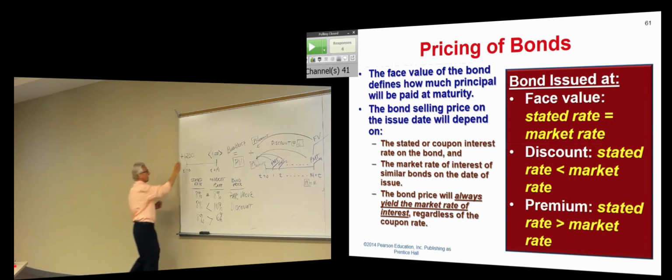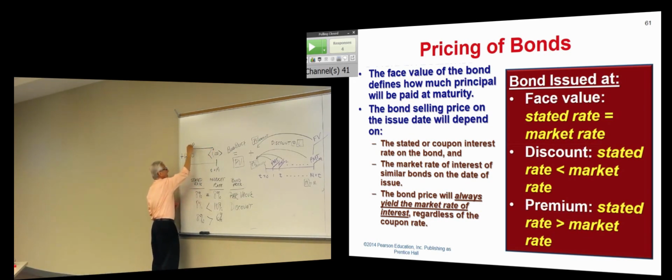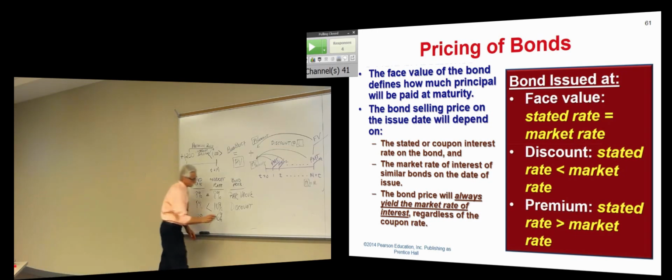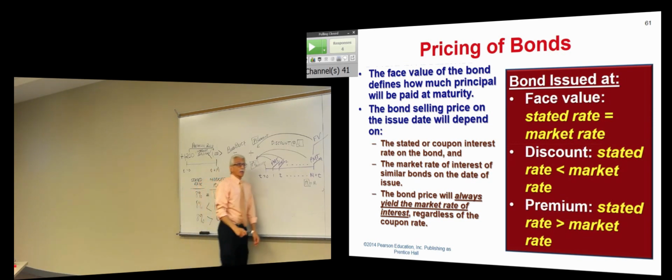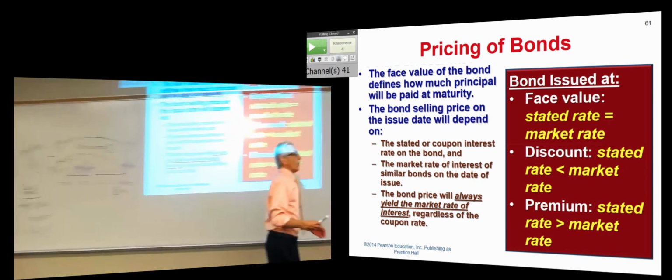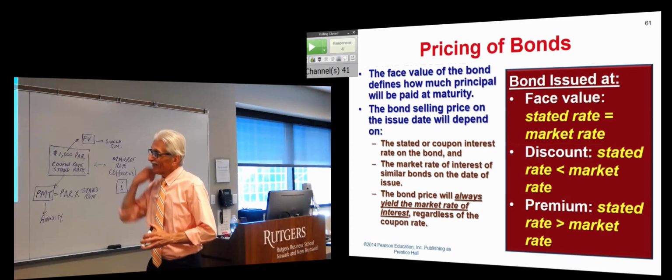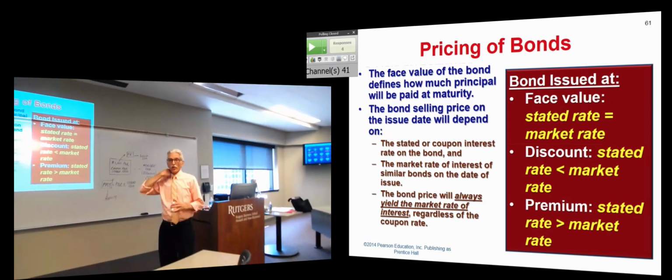So the premium is interest savings. It reduces my cost of borrowing from 8% to 6%. So my cost of borrowing drops. Actually, when you amortize this, it's almost like saying, well, you know what? I've got $200 more of your money.